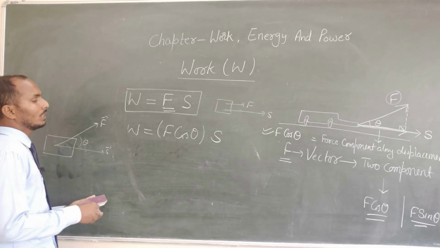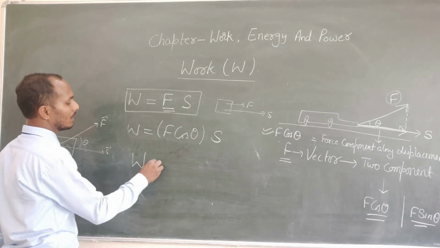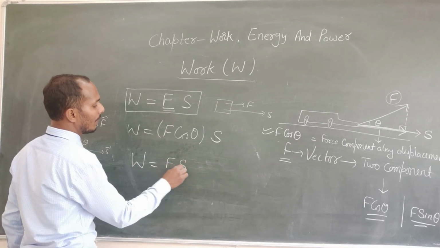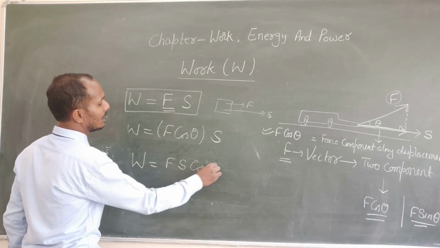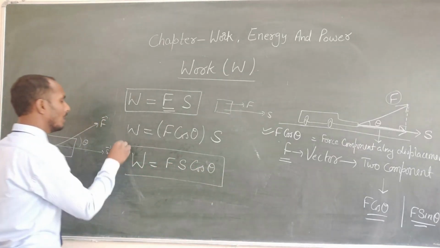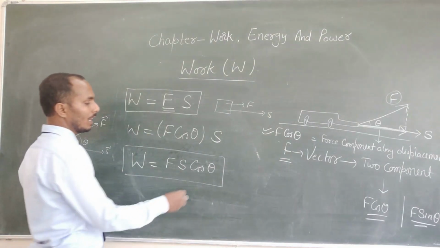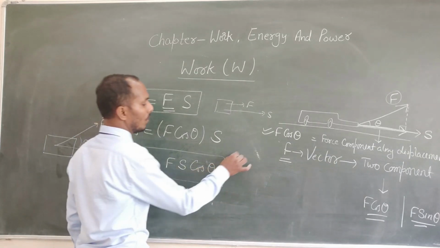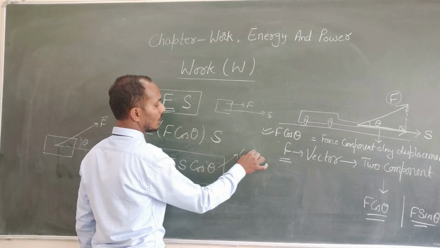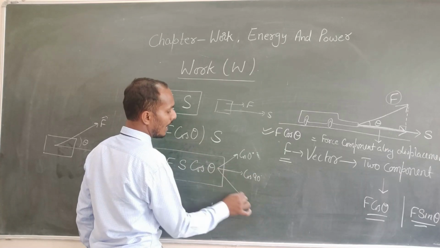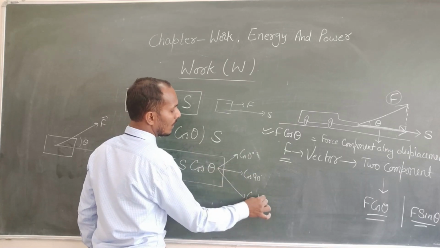This is a very important formula. When you solve it, you can write it as Fs cos theta. This is our main formula of work. You have to remember the values of cos 0 degree, cos 90 degree and cos 180 degree.